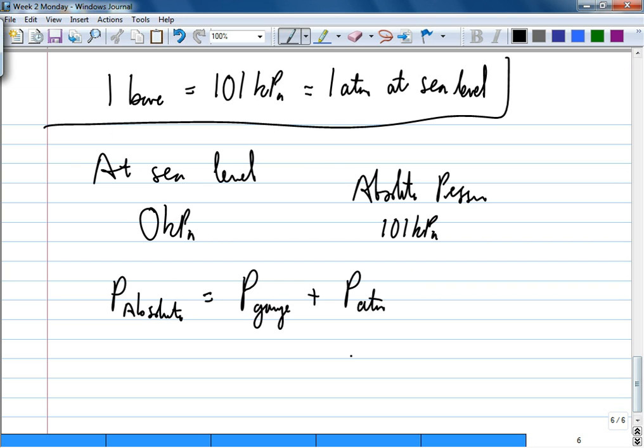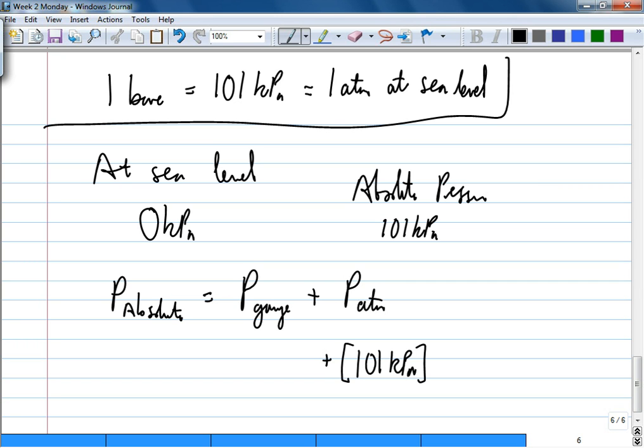So normally this is the case, but not in all cases. Suddenly you have to build a plant up in a mountain, maybe Mexico City or whatever, then this may not be the same. Not likely, but if you work in Cameron Highlands or so, maybe this is not the same.